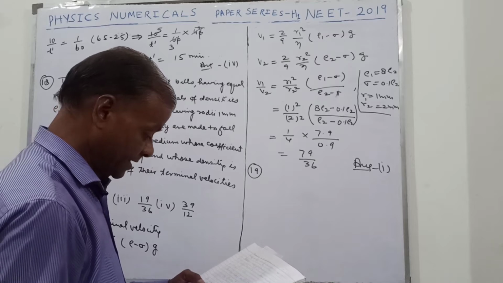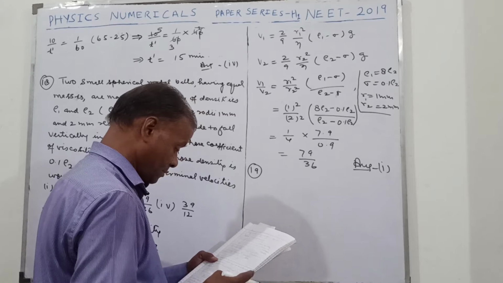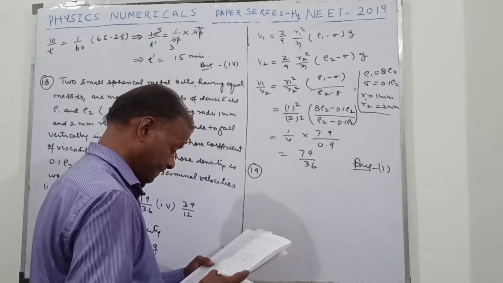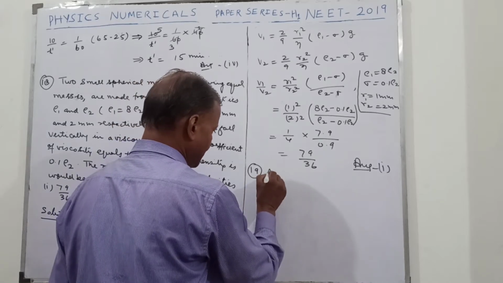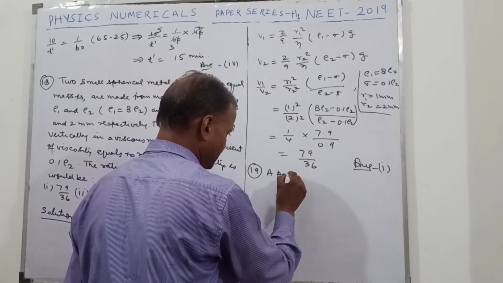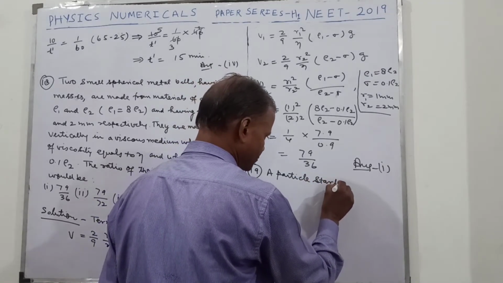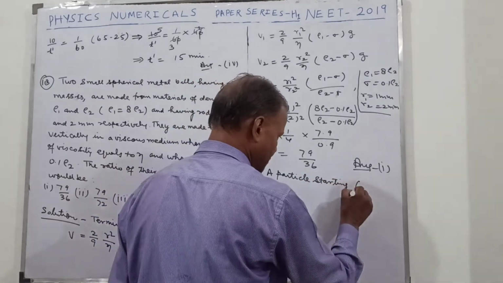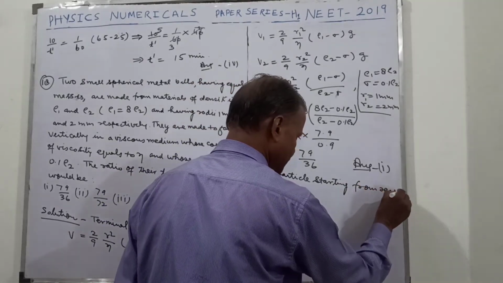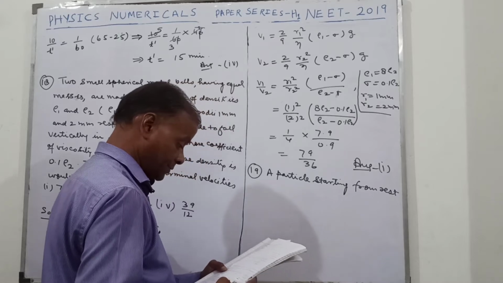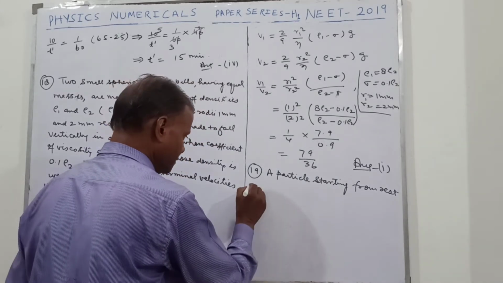A particle starting from rest moves in a circle of radius r.